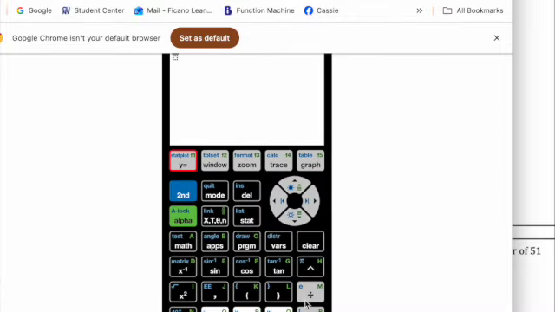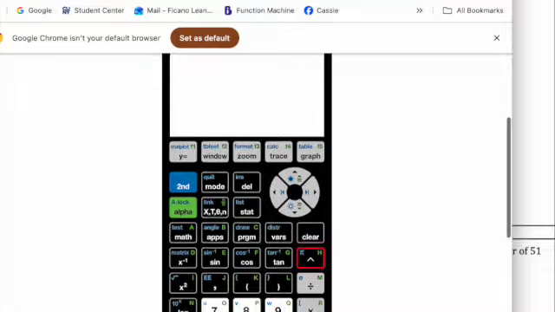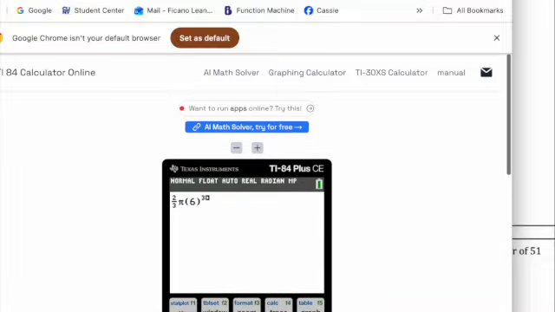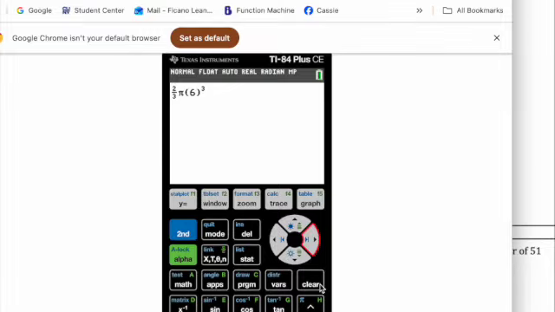Okay. Enter. And I'm going to do 2 over 3 times pi. Okay. And then we have 6. I'm going to use this button right here where the pi is. There's also this exponent button. Okay. And it's cubed.